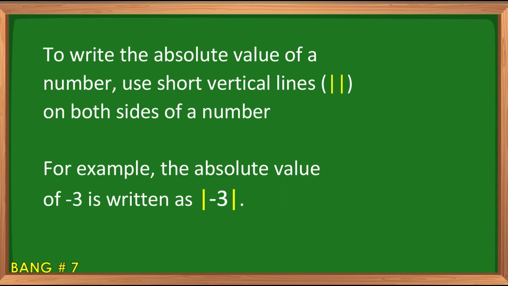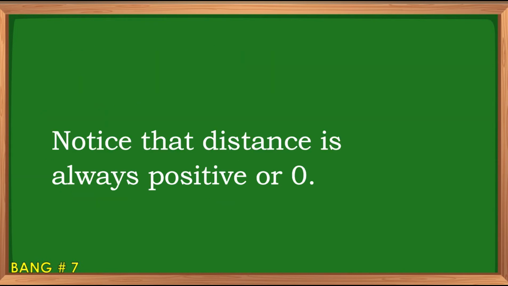To write the absolute value of a number, use short vertical lines on both sides of a number. For example, the absolute value of -3 is written as |-3|. Notice that distance is always positive or 0.